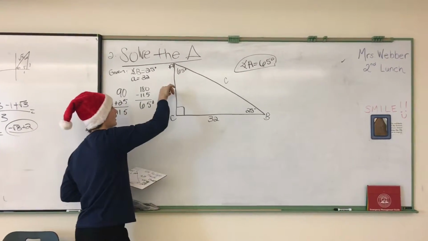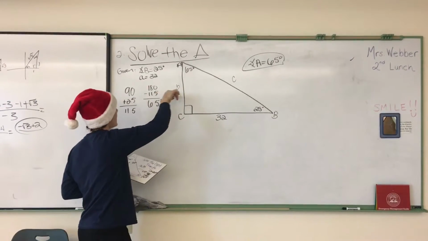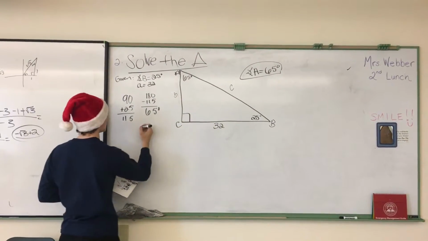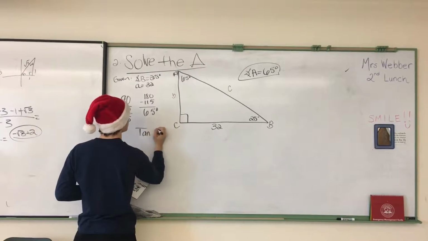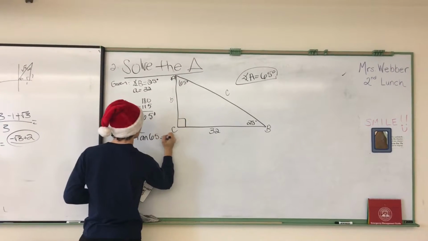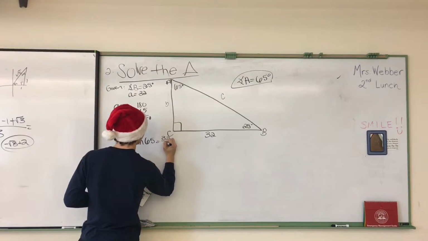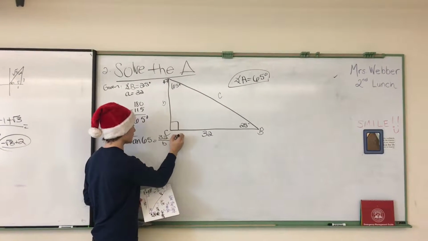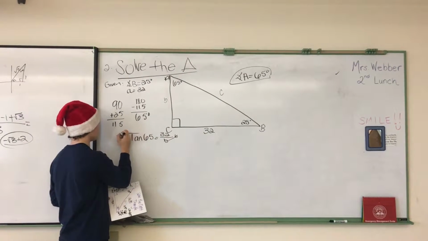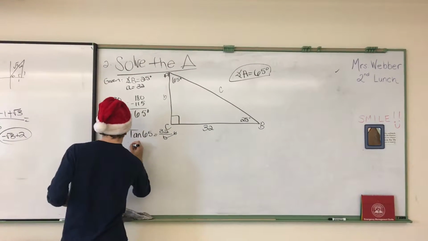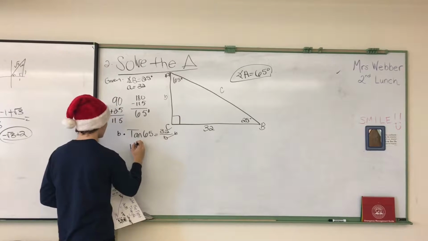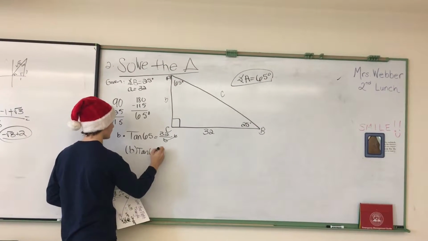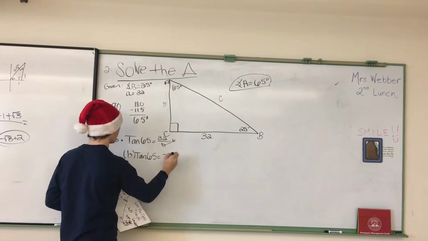Okay, and then we're going to take angle A and find side B by using tangent. So we're going to use opposite over adjacent. So we take tan 65 equals 32 over B. Then we multiply by B on both sides, which gives B times tan 65 equals 32.